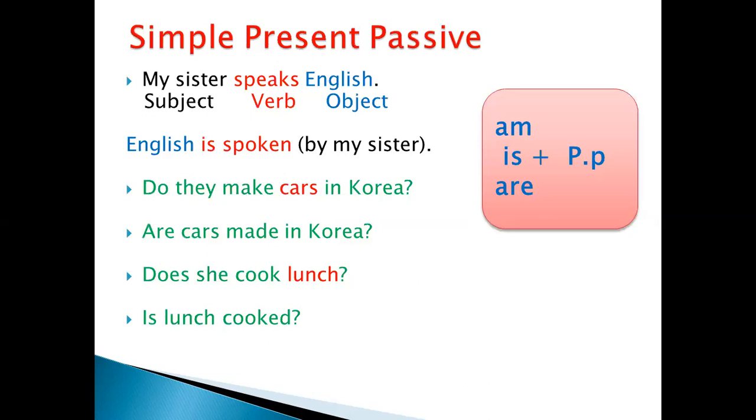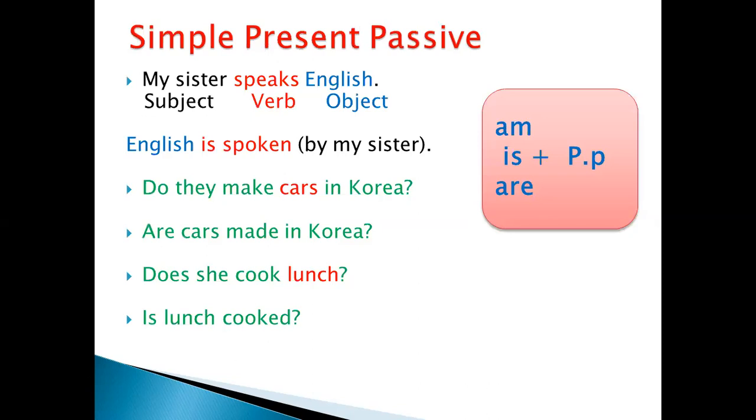Once more: an active sentence has a subject, the person who does the verb, a verb, and an object. For example, the first example: my sister speaks English. What is the subject? Who speaks English? Yes, my sister. You are right. This is the subject.